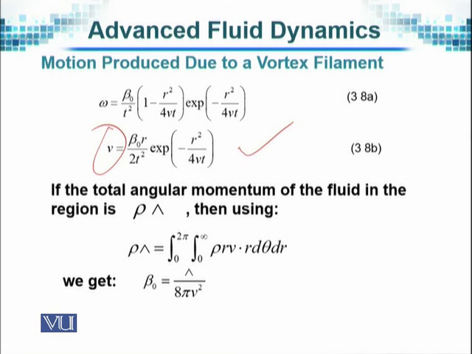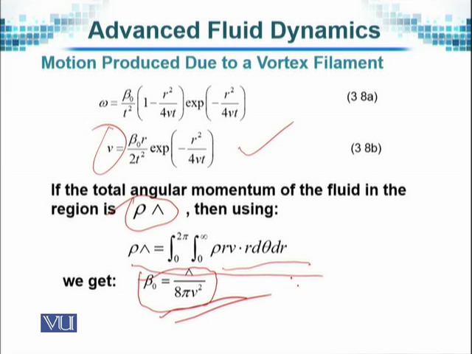Now if the total angular momentum of the fluid in the region is rho into lambda, then using rho into lambda to be this total integral, which takes care of the integral over all the variation of theta, which varies from 0 to pi, and r varies from 0 to infinity, the value of beta naught is obtained to be this quantity.